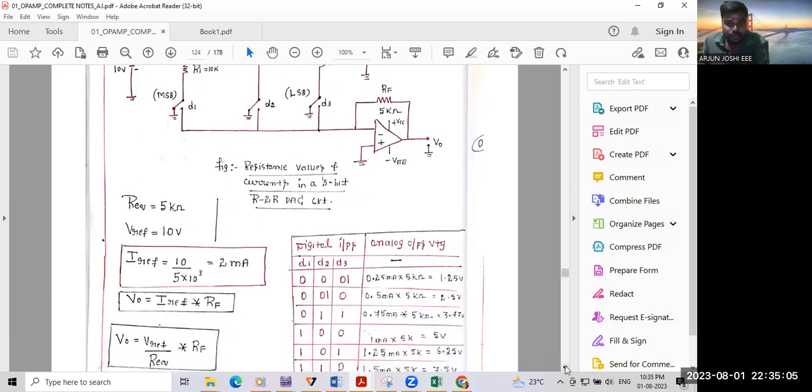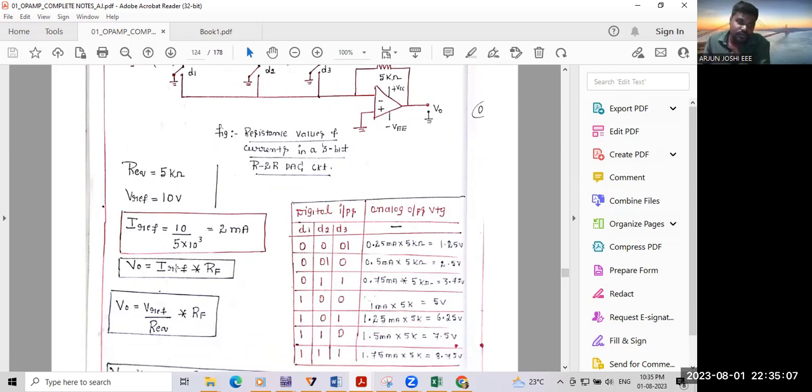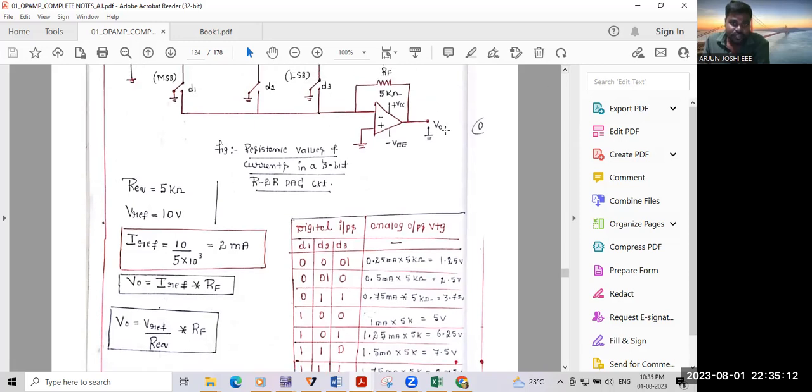We know the output voltage formula: V0 is equal to I reference into RF. I reference is 2 milliampere, and RF is equal to R equivalent, that is 5 kilo.